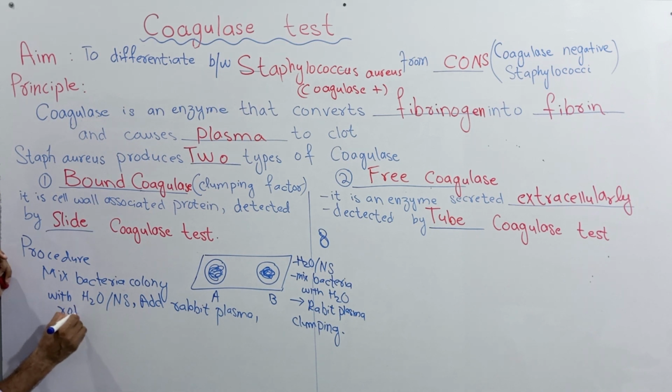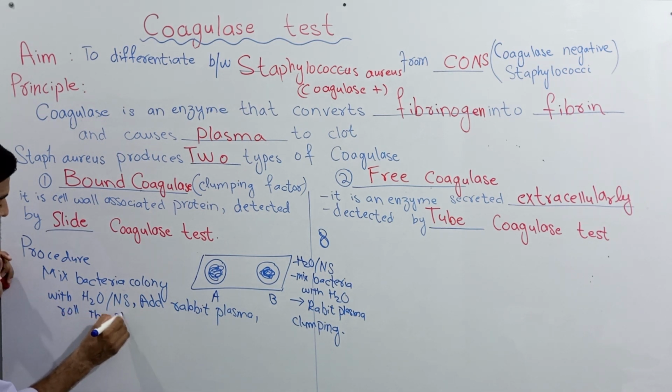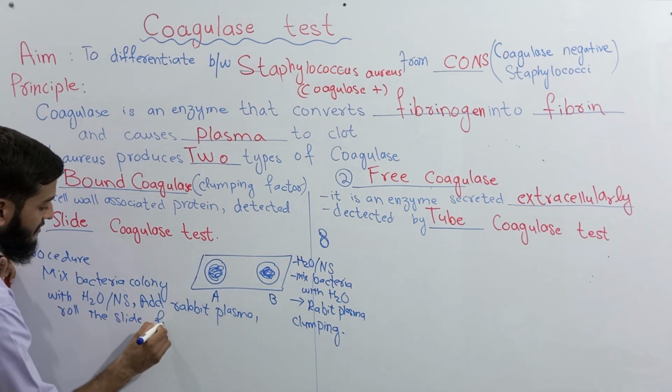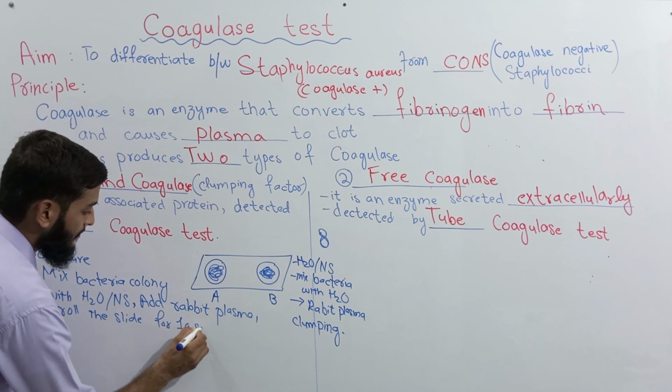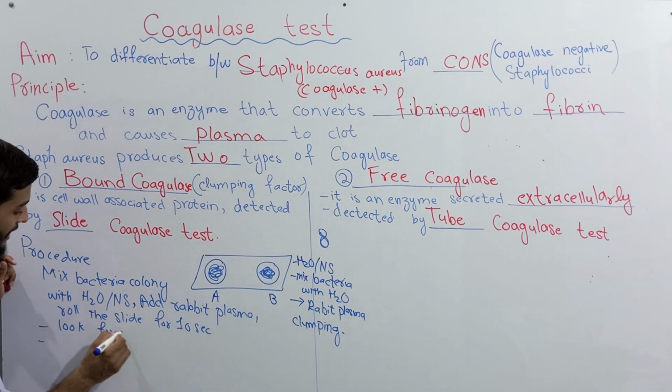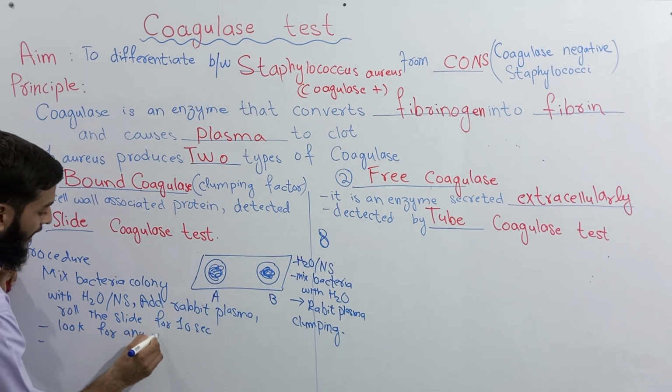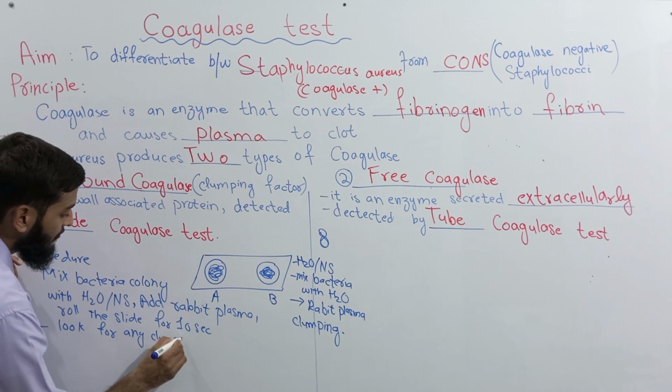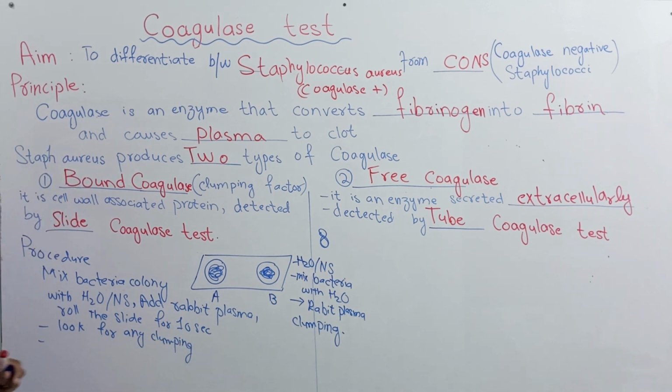Roll the slide for 10 seconds and look for any clumping. Any clumping on the slide will be declared as coagulase positive.